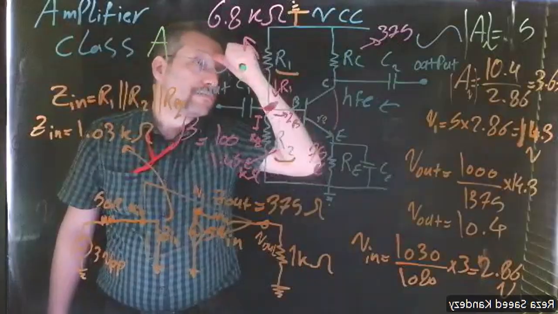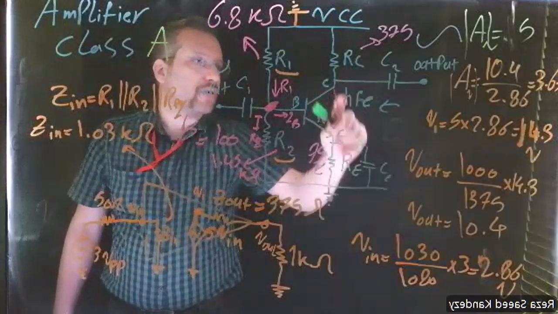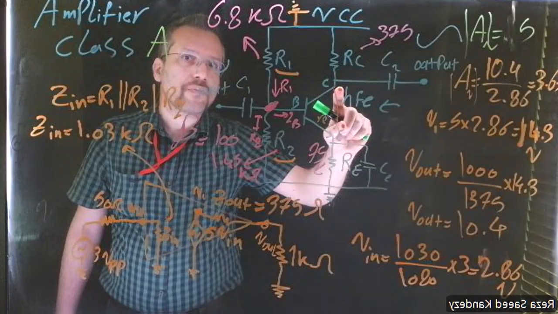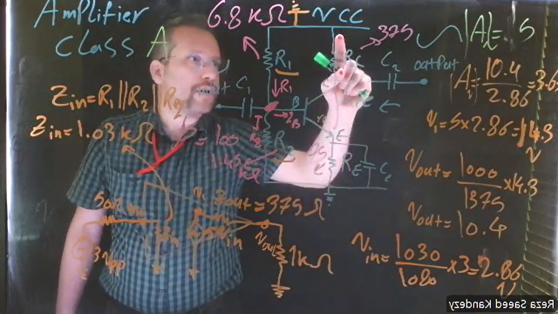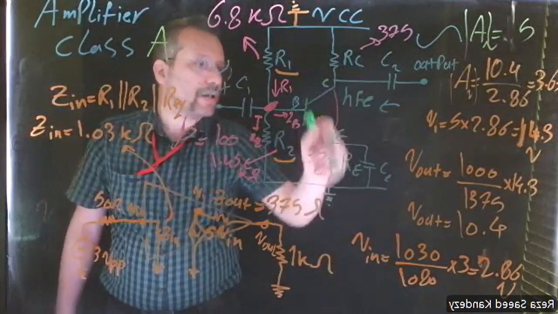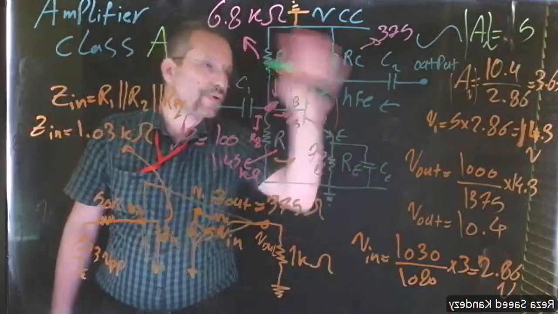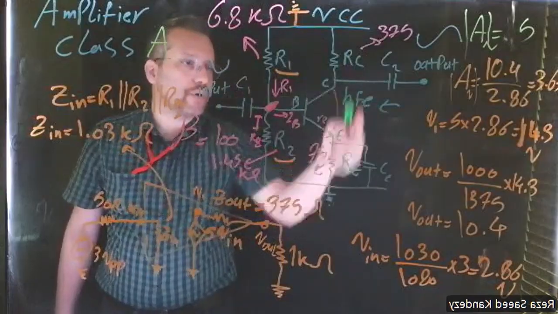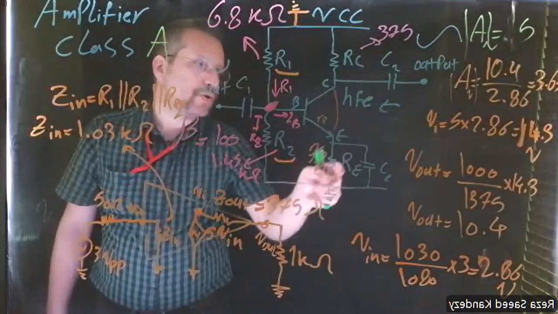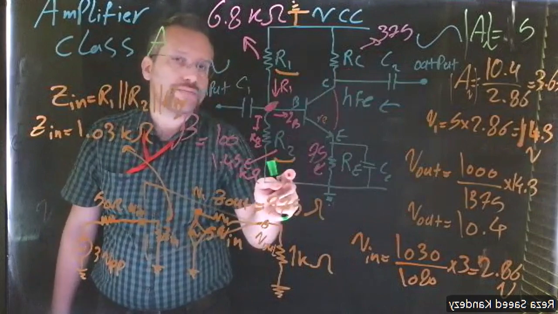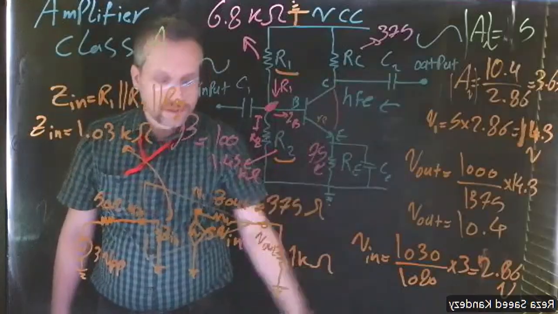And therefore we know what we want from VCE, the current going through the RC, the voltage across RE, and the current going through the RE. Those formulas help you calculate these resistors one by one, and see what's going to happen.